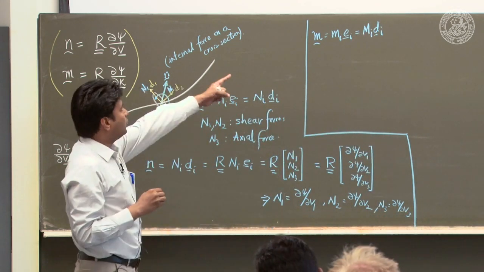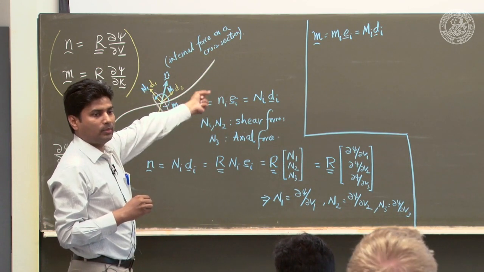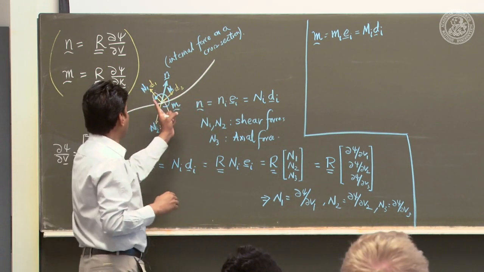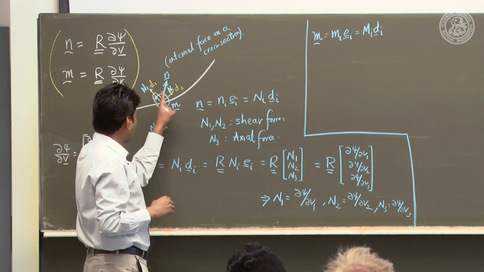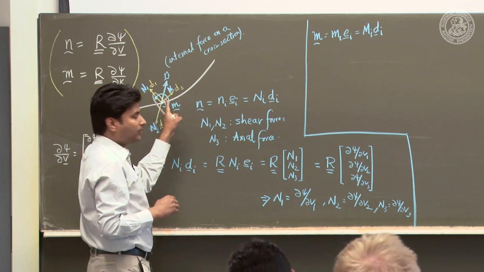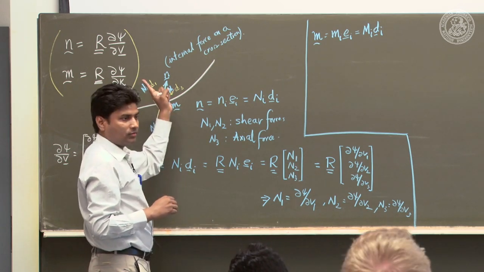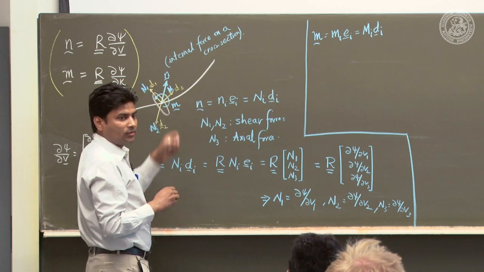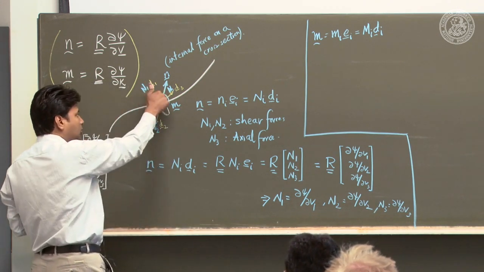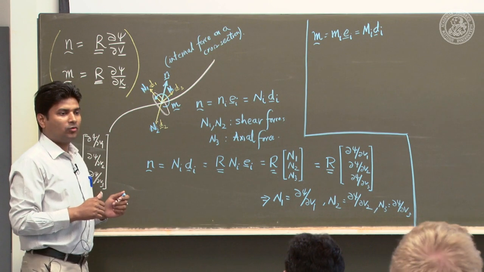And then what is the meaning of big M1, big M2, big M3? Big M1, for example, is the component of this M along d1. So, you see you have moment along d1. So, what does that mean?